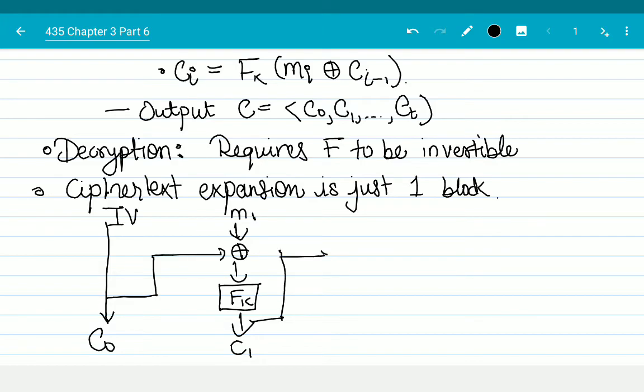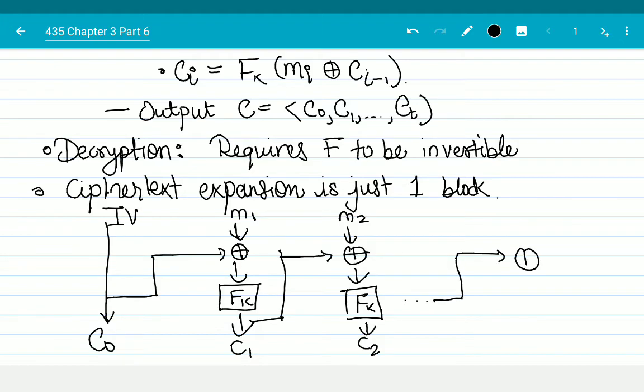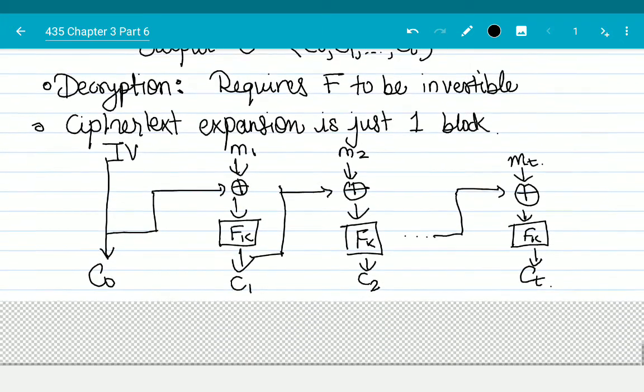Check your output, encrypt M2, hit it with FK, output C2, and so on, up to MT, hit it with FK, output CT.